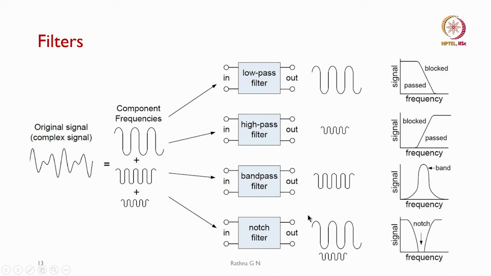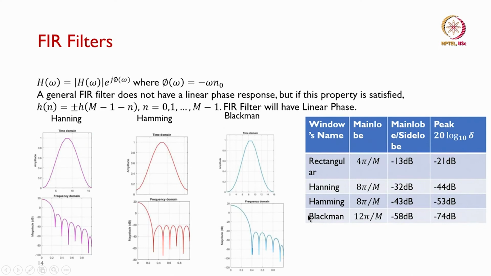This is what we discussed, and then we went on to discuss FIR filters, and how an FIR filter can be used for a linear phase response. Only a normal FIR filter is not linear phase. The magnitude and phase of the signal is given here: magnitude of H of omega into e power j phi omega, where phi of omega is nothing but minus omega into n naught.